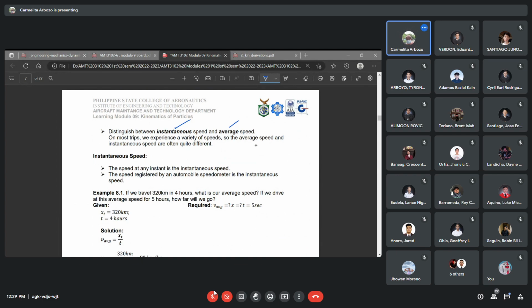So, the average speed and instantaneous speed are often quite different. Instantaneous speed, yung sinasabi ko kanina, at any instant, is the instantaneous speed. The speed registered by an automobile speedometer is the instantaneous speed. Okay?